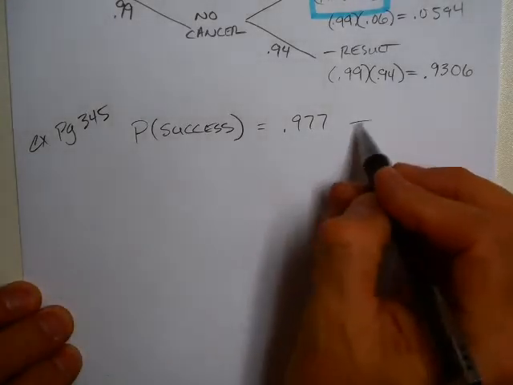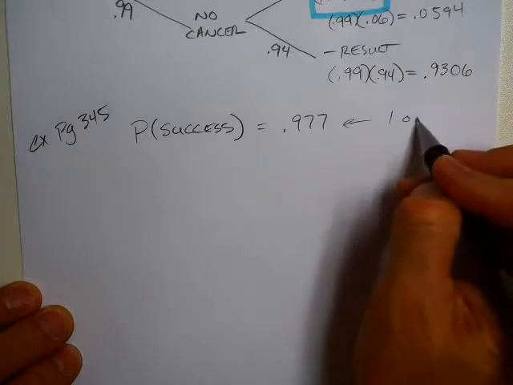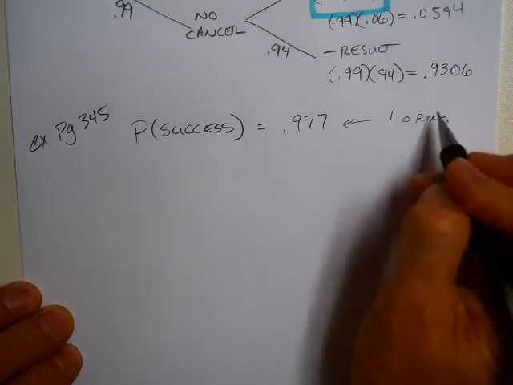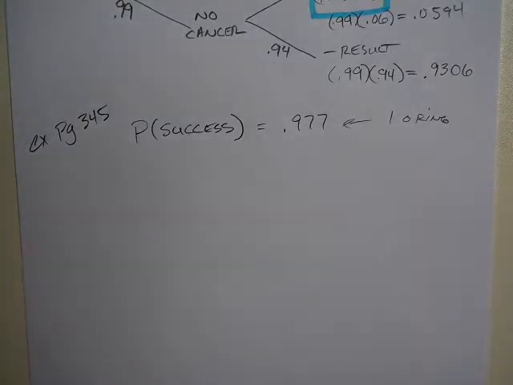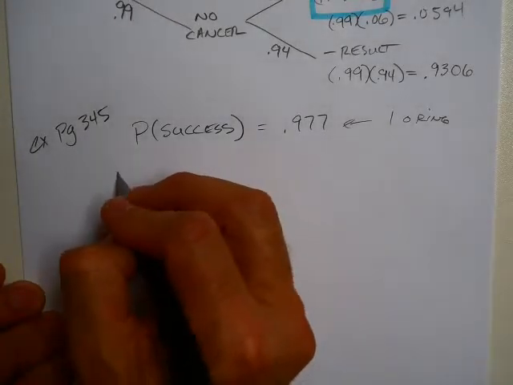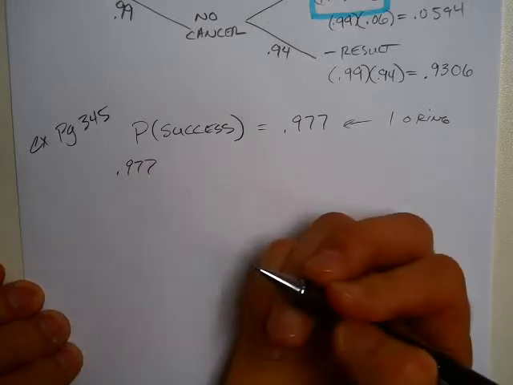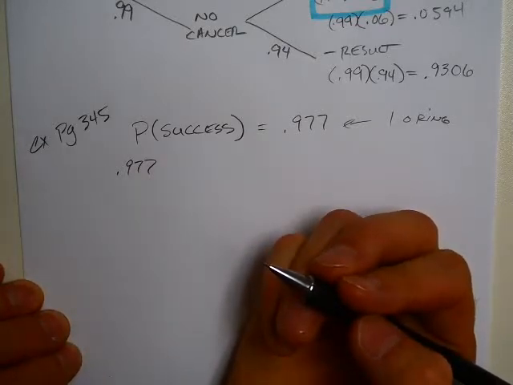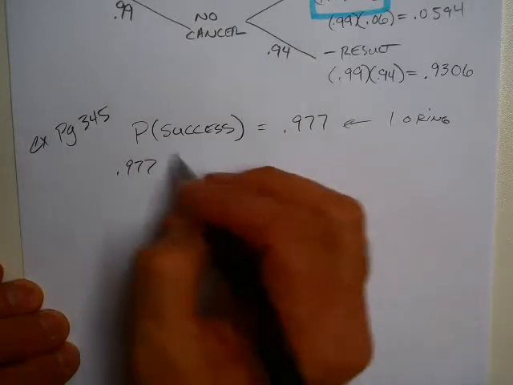But this is for one O-ring. What's the probability that they're all successful? Each O-ring is its own entity. So that's an independent problem. So I'm going to take 0.977 and I'm going to multiply it times itself 6 times, because there are 6 O-rings.